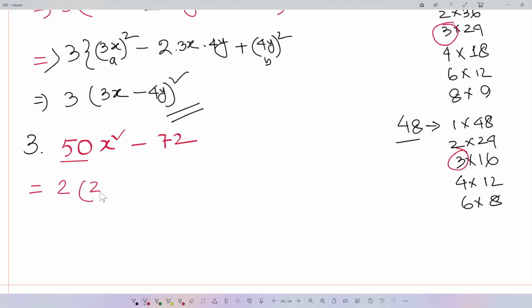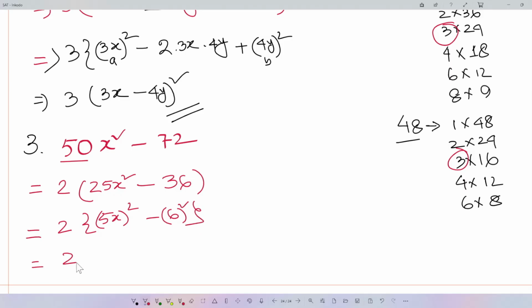So here will be 25x² minus 36, once we divide 72 by 2, it will be 36. It's very simple. This 25x² we can write (5x)² minus 6², right? So finally 2(5x plus 6)(5x minus 6), and this is our answer.